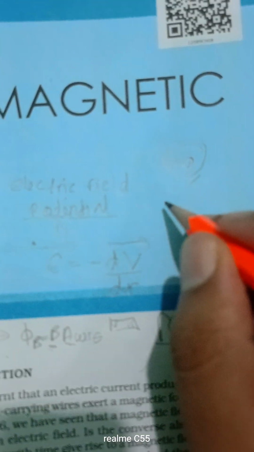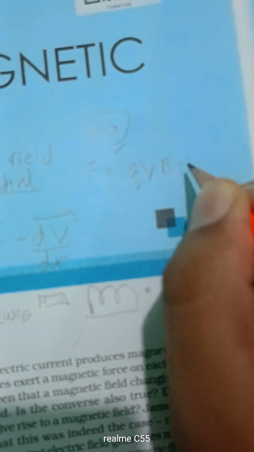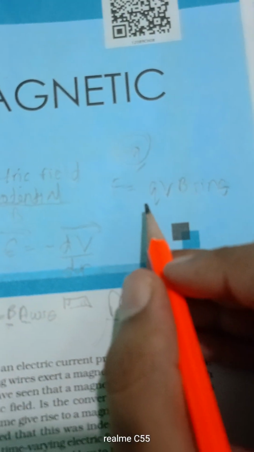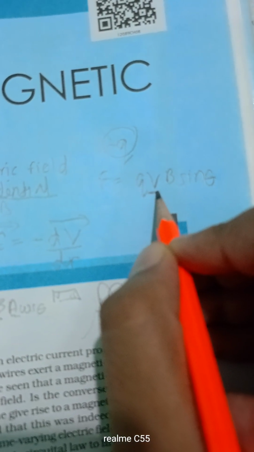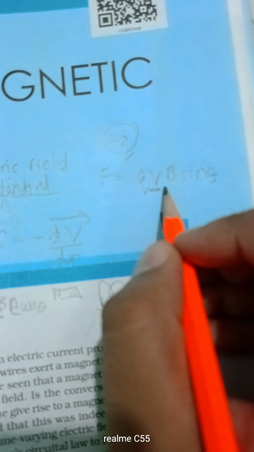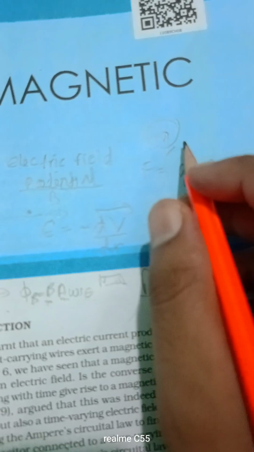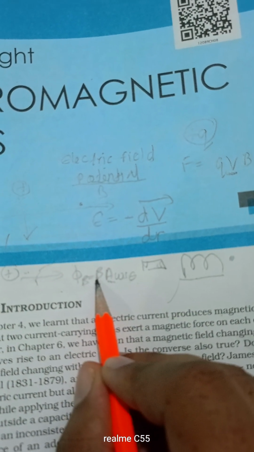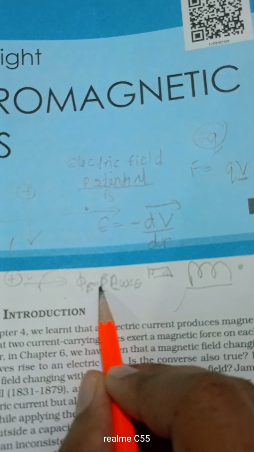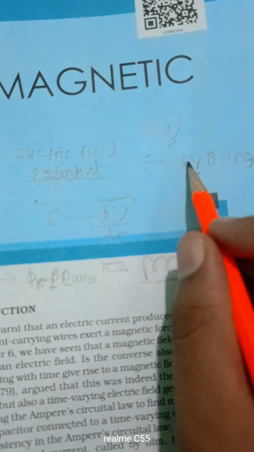The answer is no, because you know the formula, F is equal to QVB sine theta, and because the charge has no velocity, there should be no force on this charge. But what we are seeing is that a varying magnetic field, mind you, this is time dependent, that is, changing with time, is exerting force on a charge in a conductor.